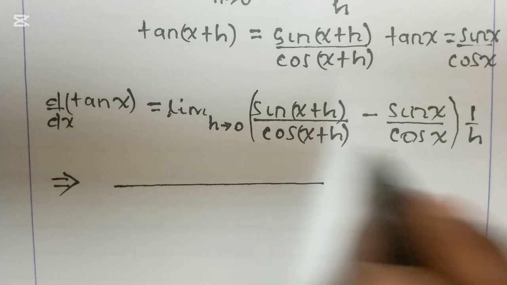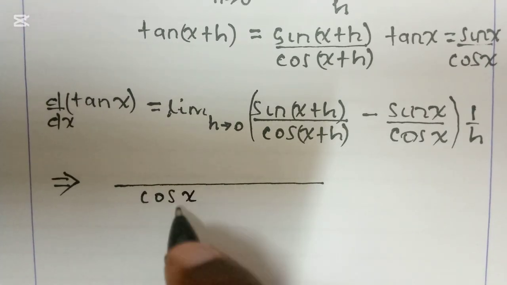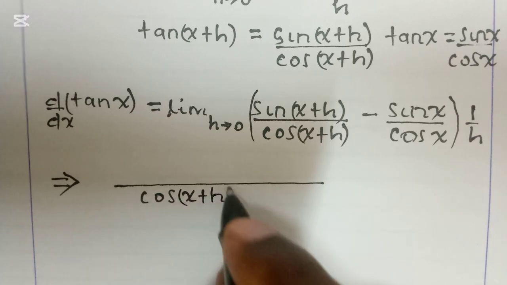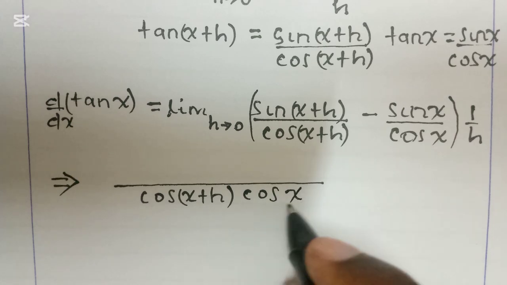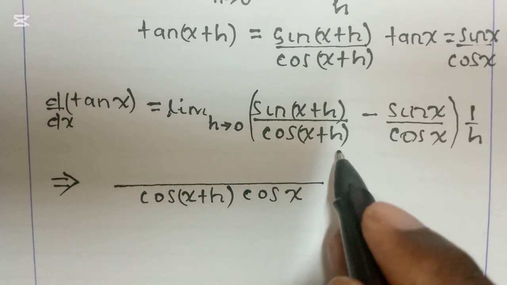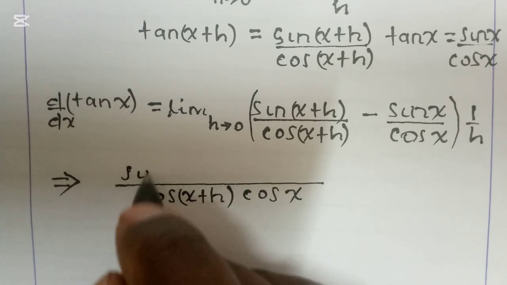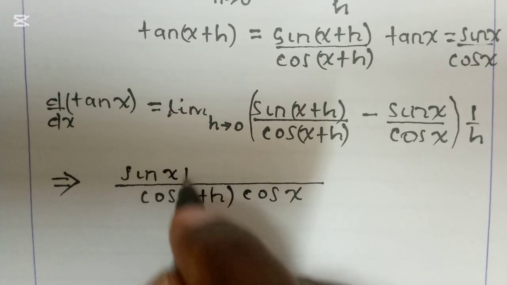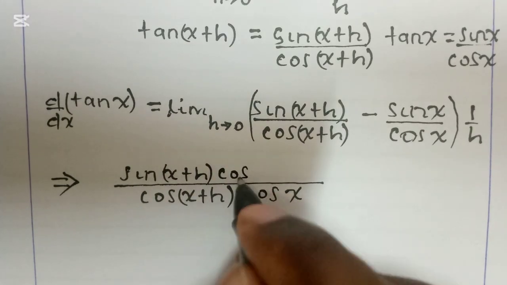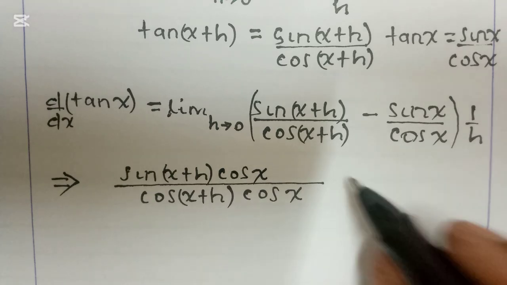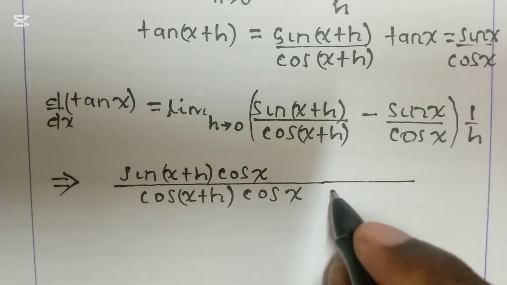So we find the LCM of that, cos(x plus h) and cos x. Cos(x plus h) and cos x, you divide that by that, you get cos x. So this one is going to be sin(x plus h) multiplied by cos x.